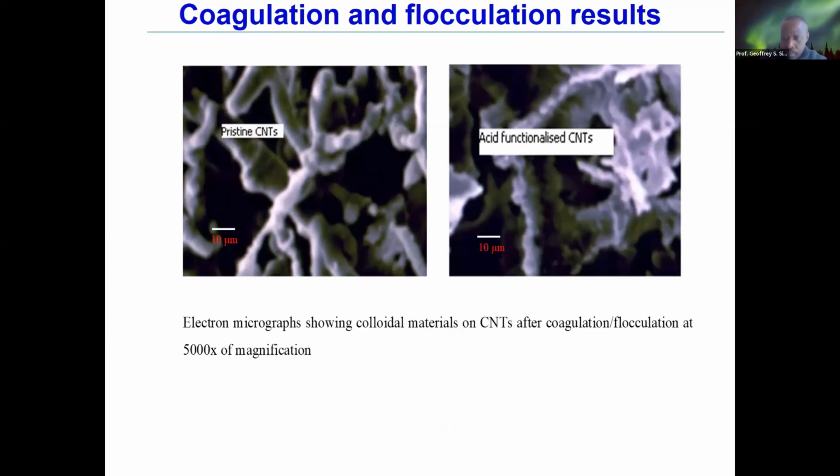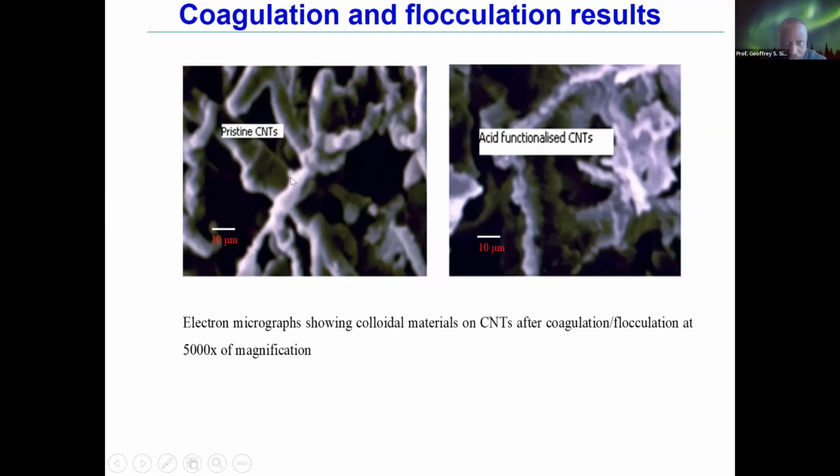But before we look at that, what you see here is, if you compare the freshly produced carbon nanotubes and the functionalized carbon nanotubes in the SEM, you can see that the functionalized carbon nanomaterials have some colloidal materials on them.